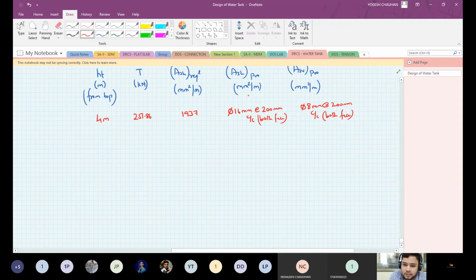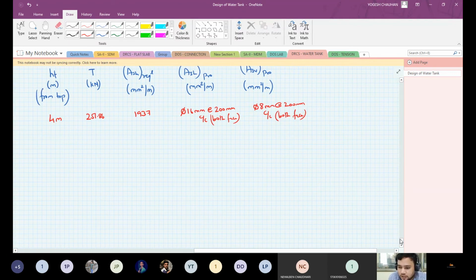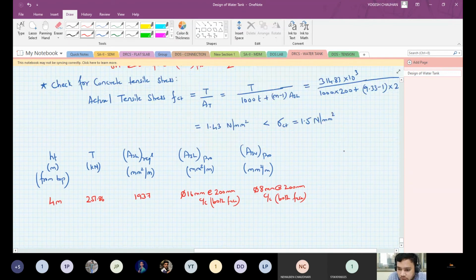Now note that this hoop steel is provided in the form of rings. In the morning lecture, we have seen that this hoop steel is provided in the form of rings, and this vertical steel is provided as vertical bars.